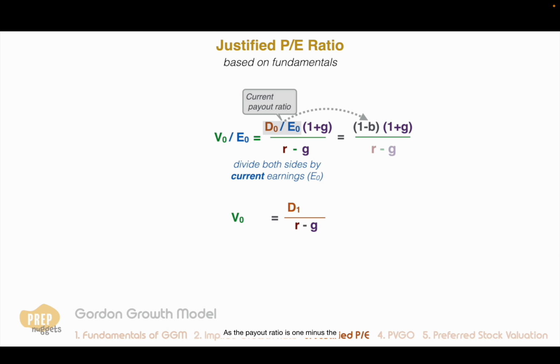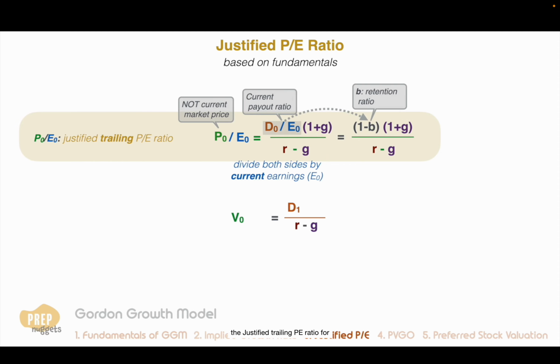As the payout ratio is 1 minus the retention ratio, another way of expressing this is as such, where B is the retention ratio. On the left-hand side, we have the value of the stock divided by the current earnings. To make it more consistent with P/E ratio, the notation for value here is often switched to P0, though you should be clear that this does not refer to current price. We call this the justified trailing P/E ratio for the stock.